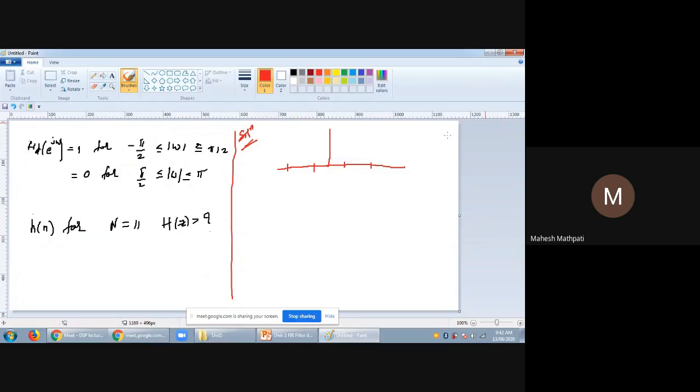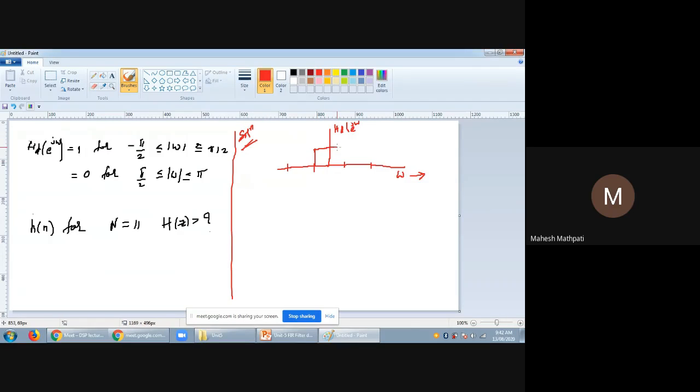So here we are plotting this signal, HD of e power j omega, with respect to omega. It is 1 from minus pi by 2 to plus pi by 2.